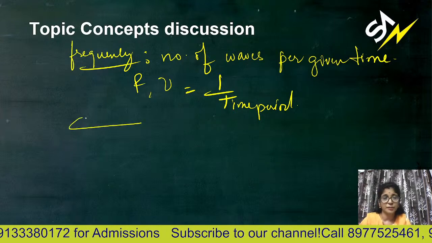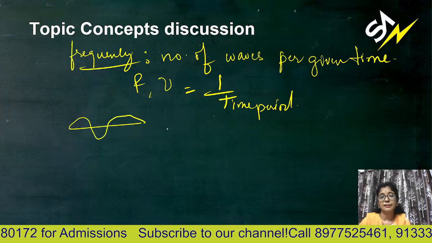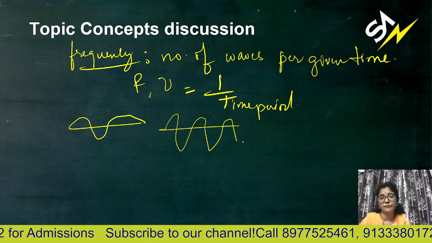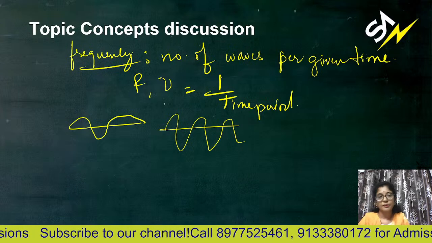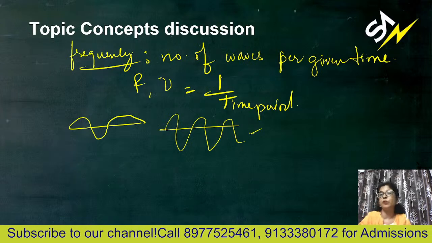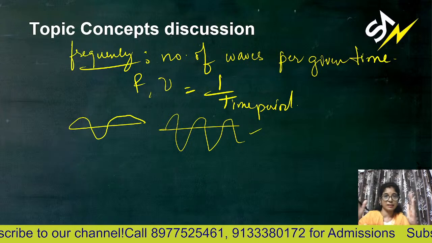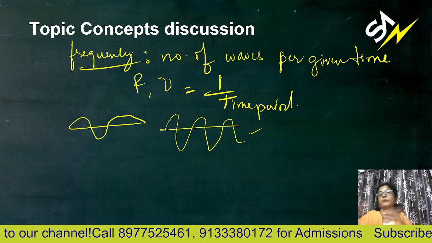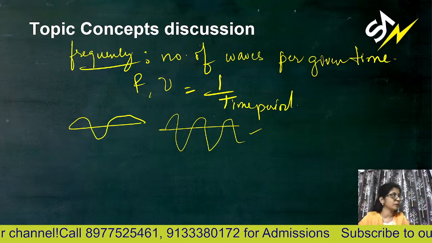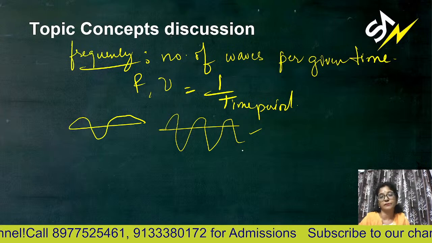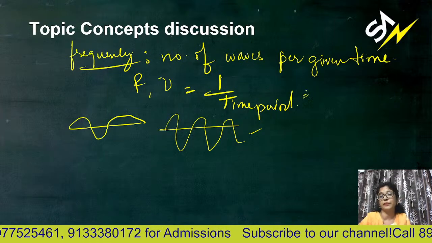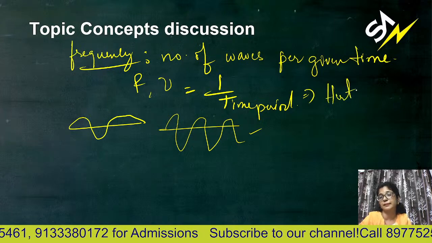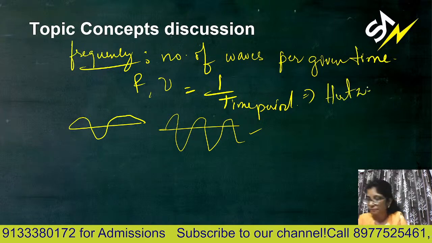I can draw two different waves here. Now tell me which wave will have more frequency. Here this wave has more frequency because in the given time, the number of waves is more. So we call it a more frequency wave. This is about frequency, and the unit of frequency is hertz, right?